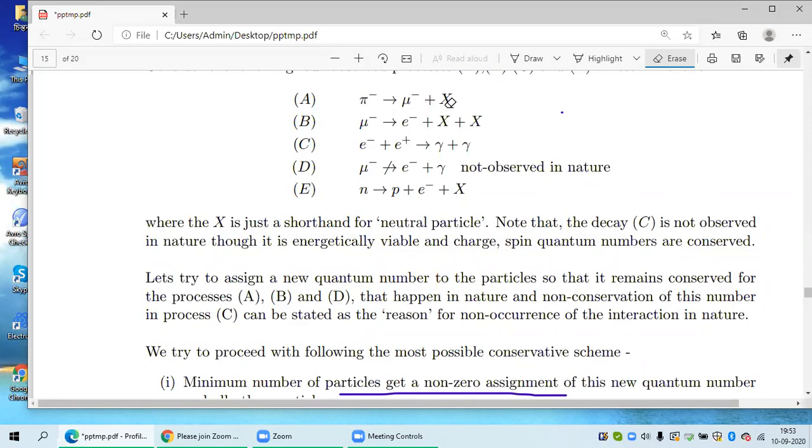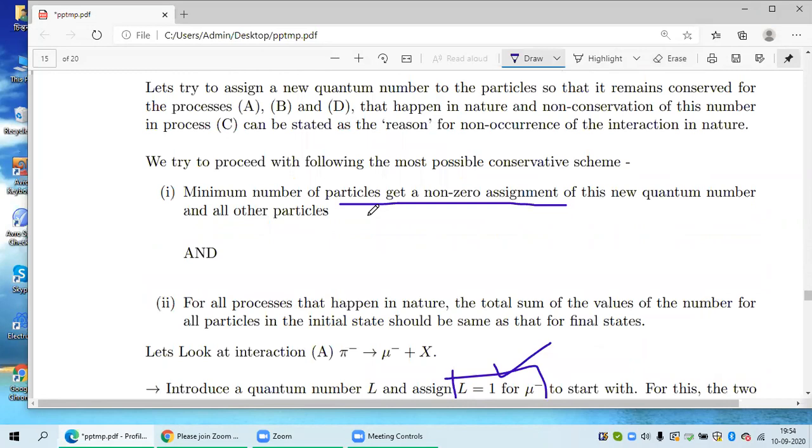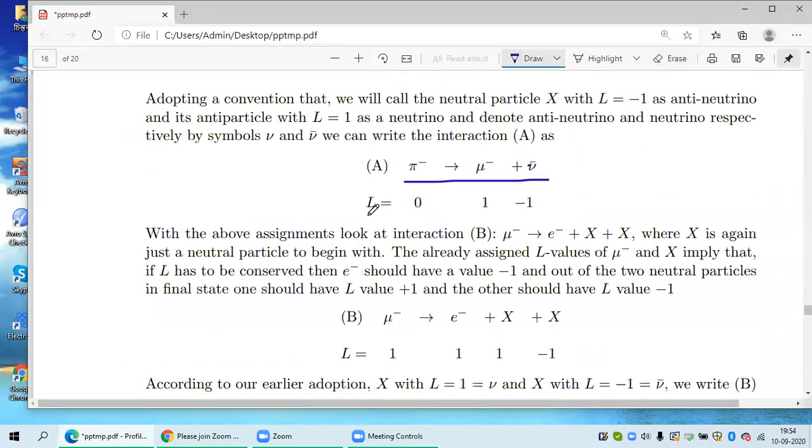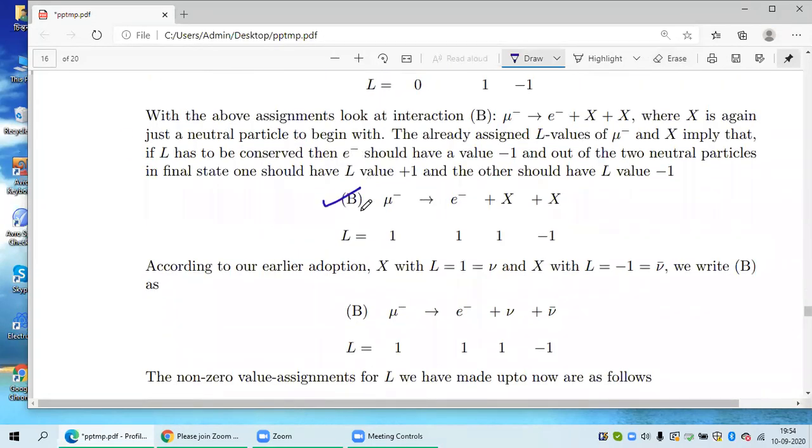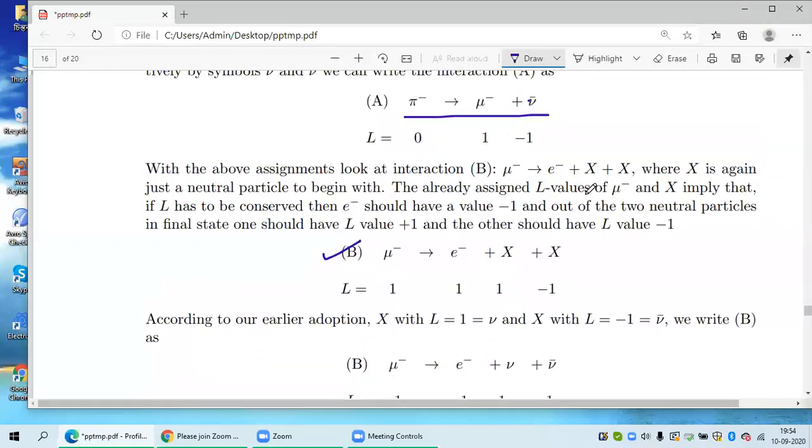And we have assumed to start with that all X's are the same. Now come to the second equation, B. This is the muon decay, where X is again just a neutral particle to begin with.